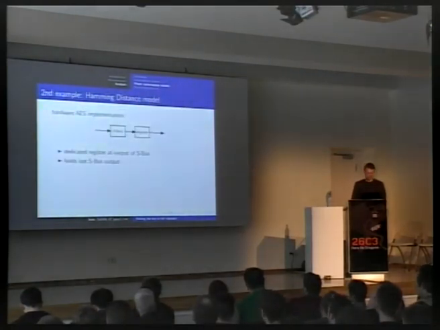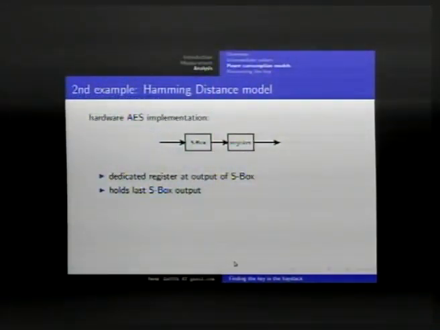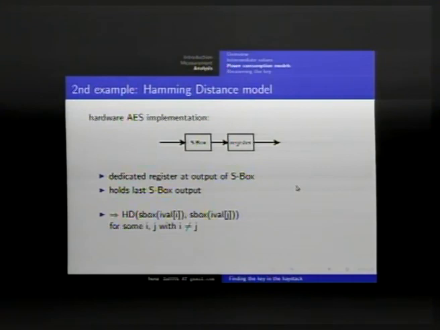Another application of the Hamming distance model is hardware crypto units. You often have a register after the S-box, and it gets updated each time you pass something new through the S-box. So you can compare the outputs for two different intermediate values that get written to the S-box.